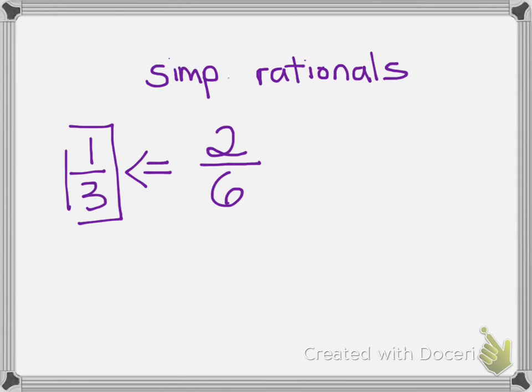Well, first I need you to take a look at what you weren't thinking about when you simplified this. I don't think you were. If you could break down 2 into prime factors, you would say 2 times 1. And if you were to break down 6 into its prime factors, what would you give me? 2 times 3.